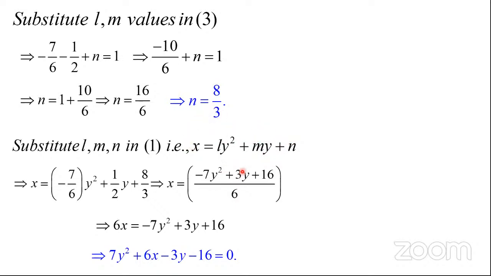Substituting those values in the equation x equal to Ly square plus My plus N, we got the equation of the required parabola as 7y square plus 6x minus 3y minus 16 equal to 0.